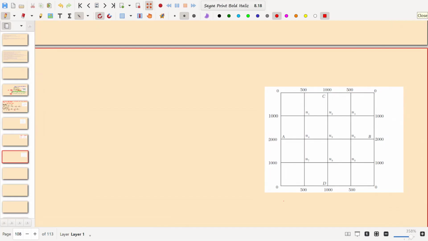Those are the boundary conditions given to you. Your job is to find the value of u inside the grid, that is u1, u2, u3, u4, u5, u6, u7, u8, u9. You can start using the standard 5-point formula or the diagonal 5-point formula to get those.